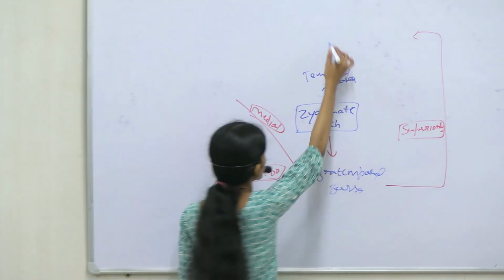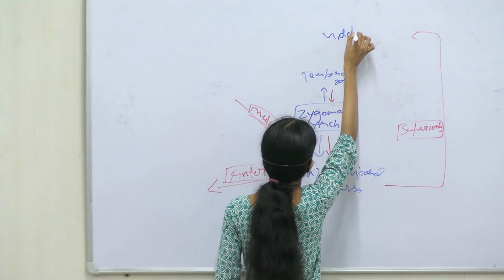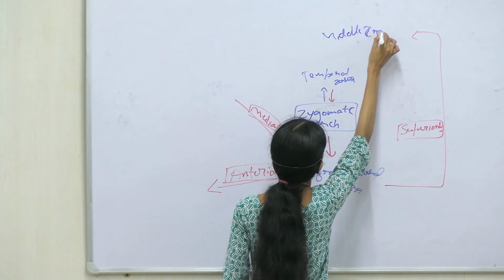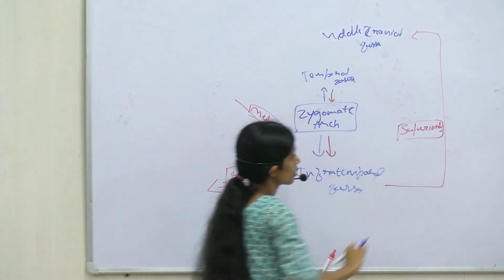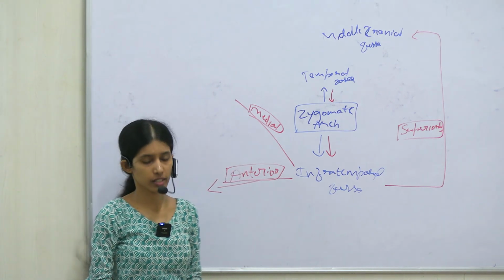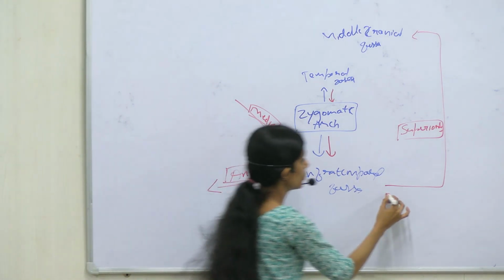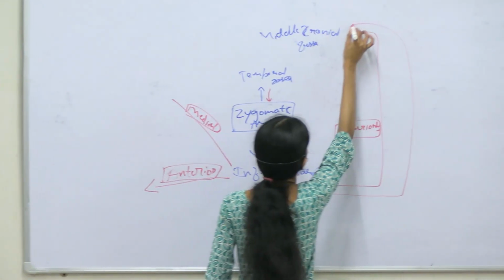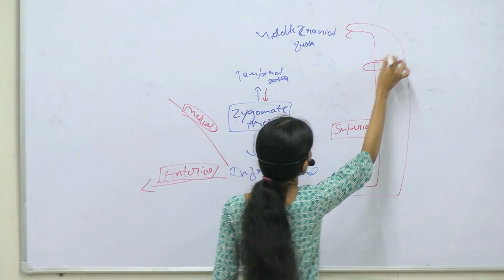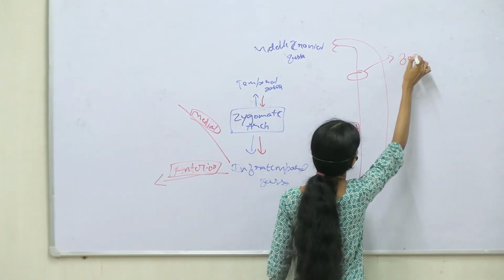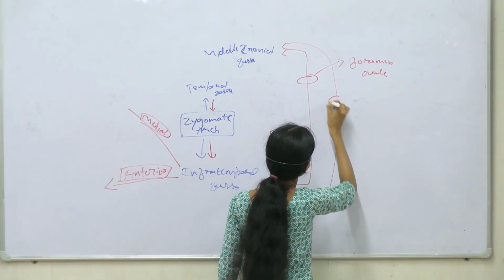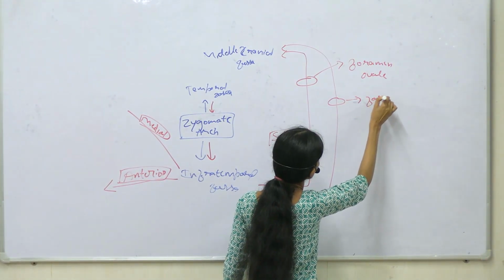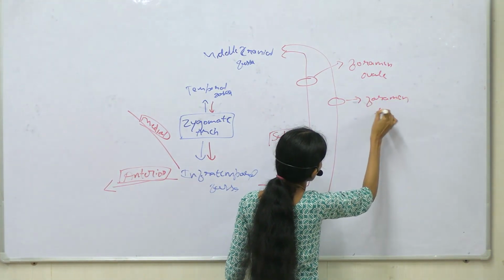It communicates with the middle cranial fossa through 2 foramen. The first one is foramen ovale, and the second one is foramen spinosum.